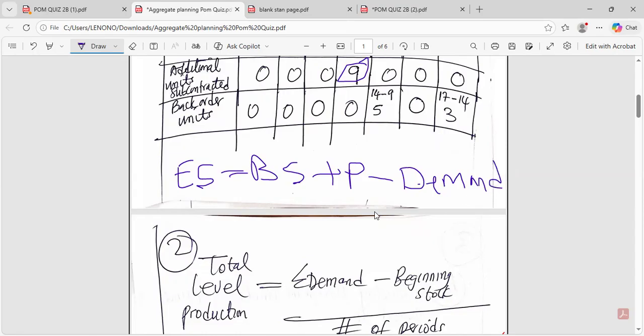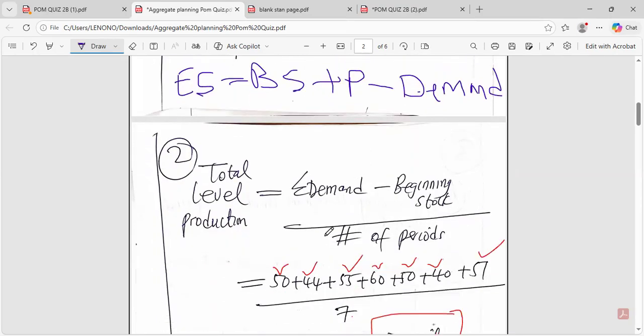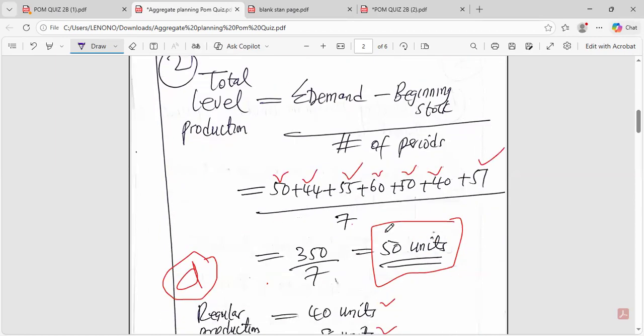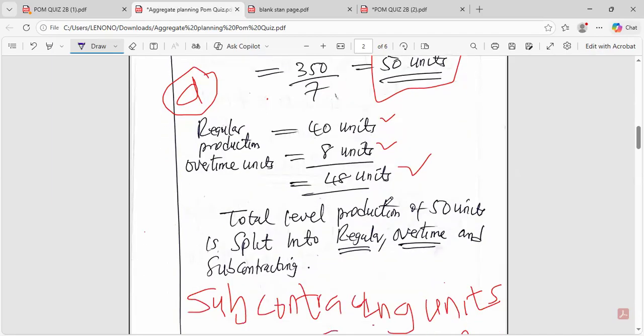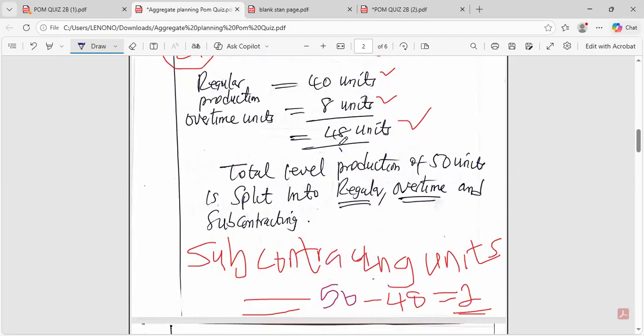So this is how we are getting down to this arrangement. All right, so this is how we got the level production. So 40 and 48, we are producing on a regular basis 40 units. The 8 units were overtime, then 2 units were to be subcontracted. So 2 units were not produced.